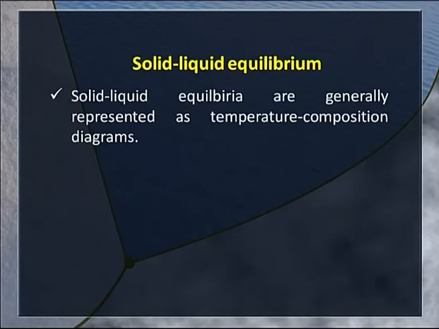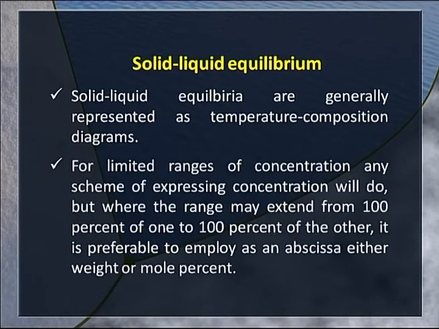So, solid liquid equilibria are generally represented as temperature composition diagrams, the so called TC diagrams. In these diagrams, if you have to express concentration, we can use any scheme of presentation of concentration.